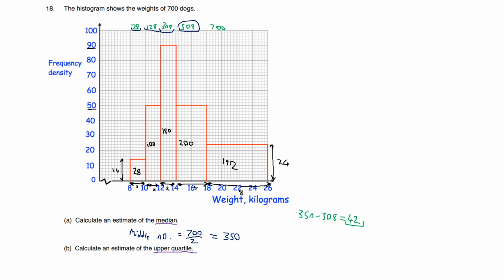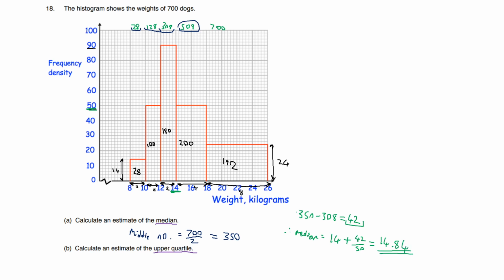I know that it's going to be 50 high because it's in this bar, okay? So therefore, the median is going to be, what are we at? We're at 14. So it's going to be 14 plus 42 divided by 50, which is just going to be 14.84.